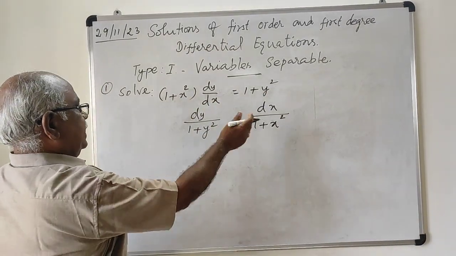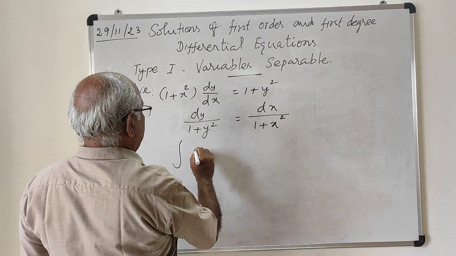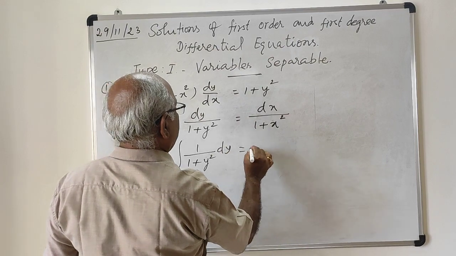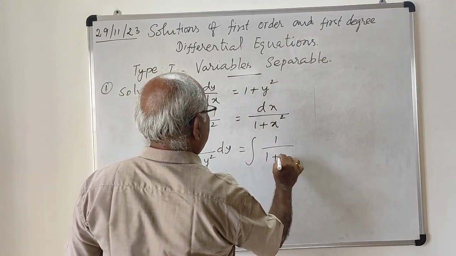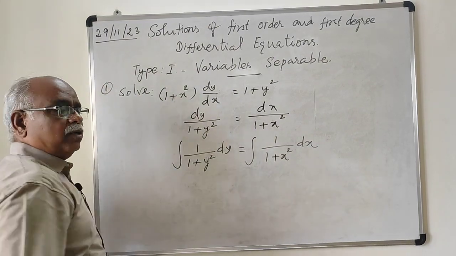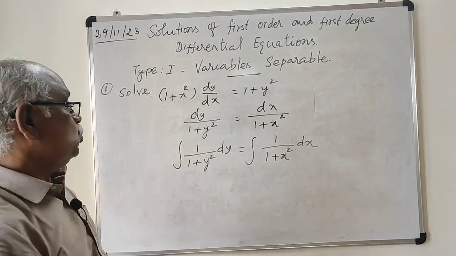So after separating this, you have to integrate 1 by 1 plus y square dy equal to the integral of 1 by 1 plus x square dx. You know the integral of 1 by 1 plus y square is tan inverse y.